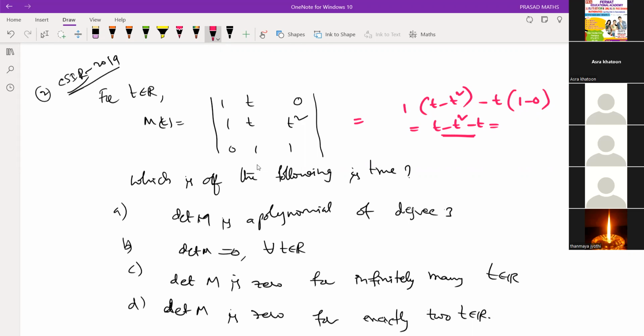We have made a mistake somewhere. The t's cancel, and what you observe is minus t square.